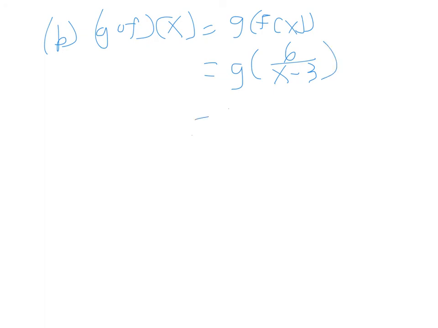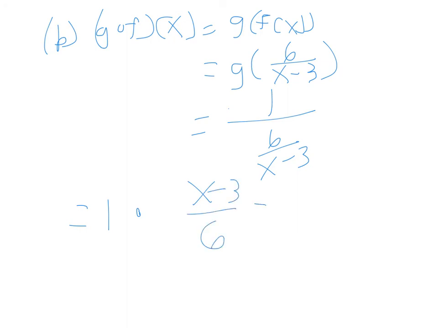So that means it'd be 1 over 6 over x minus 3. So if we're dividing by a fraction, you can flip the fraction and multiply. So instead of dividing by 6 over x minus 3, you could multiply by x minus 3 over 6. Since we're multiplying this fraction by 1, that's just equivalent to x minus 3 over 6.